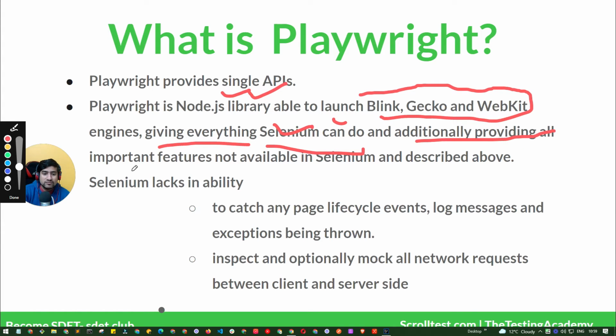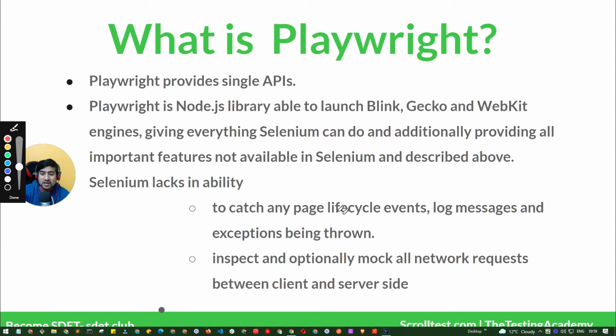Additionally, it provides important features which Selenium was not able to provide, for example, catching the life cycle of a page. That's really important. In modern web applications, this is a real challenge: you have log messages, exceptions, page life cycles, event life cycles, and many other things, where Selenium struggles. Playwright comes in to provide modern web application automation.